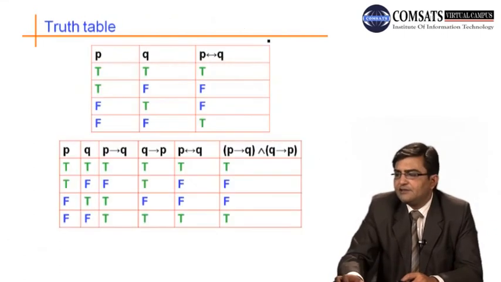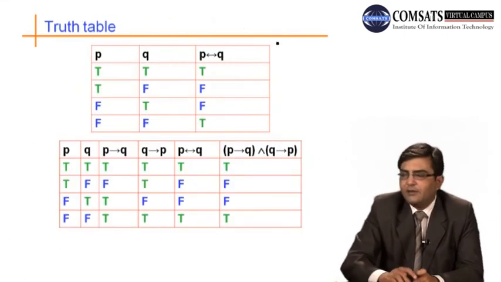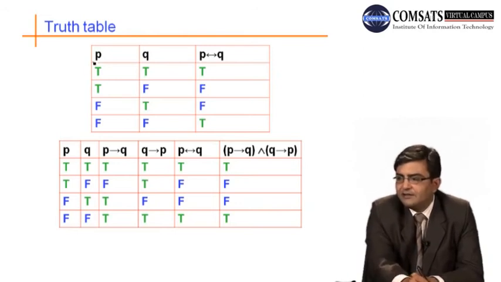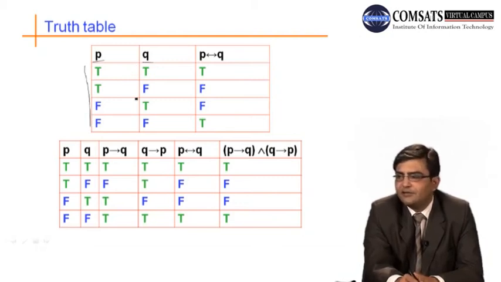For example, if we see the truth table of biconditional, it can be written as: if we have P and Q, two compound propositions, the truth values of P are given by this and truth values of Q are given by this. Now the P biconditional Q, or we read it as P if and only if Q. If P is true and Q is true, then it is true.